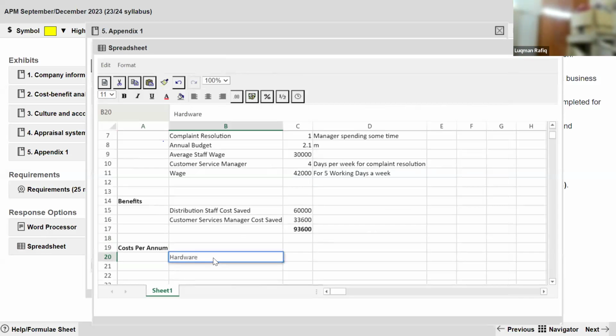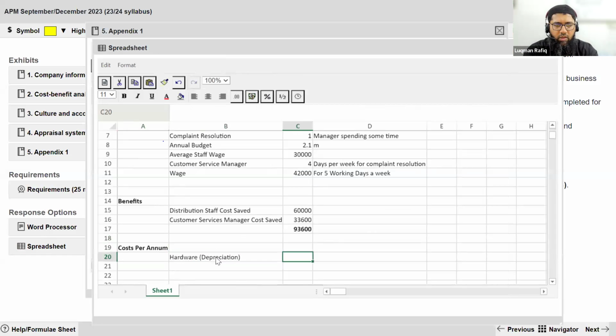Hardware depreciation. How much is the depreciation?